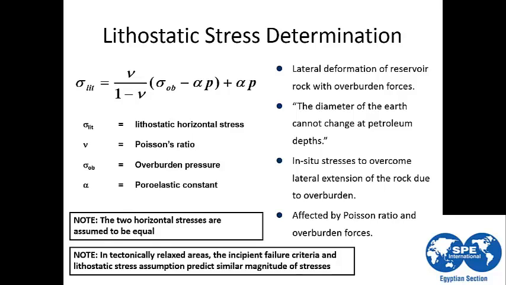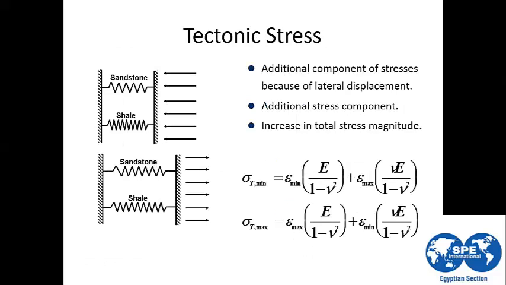How can we calculate the lithostatic stress? We have this equation. The equation calculates the lithostatic stress in terms of the Poisson ratio here, and this is the overburden stress, and this is the poroelastic constant, and this is the pore pressure. So we can calculate the lithostatic stress from these values. Also, for the tectonic stress, we have minimum and maximum tectonic stress.